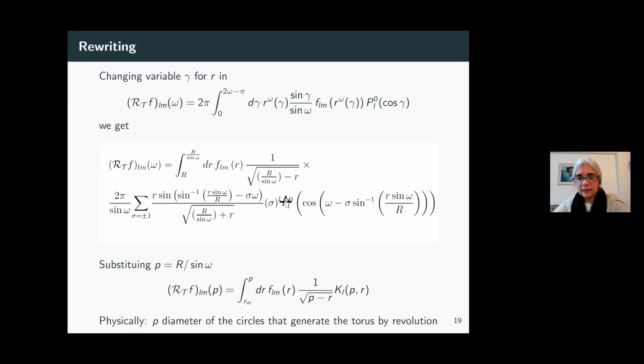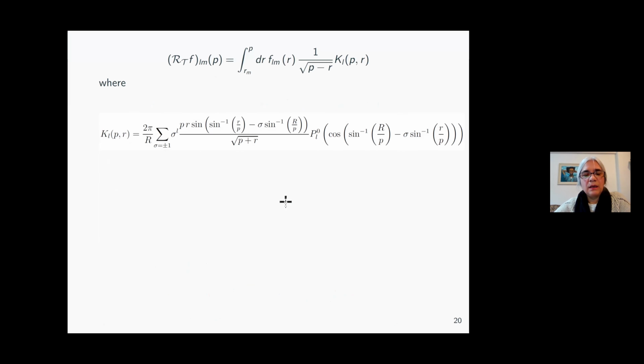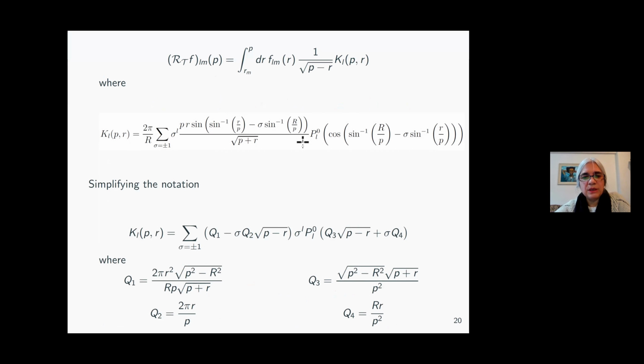Entonces, ¿quién es este núcleo K sub L? El núcleo está dado por esta expresión que se puede llevar a una forma más simple introduciendo otra notación suplementaria, introduciendo estas funciones desde la Q1 a la Q4.